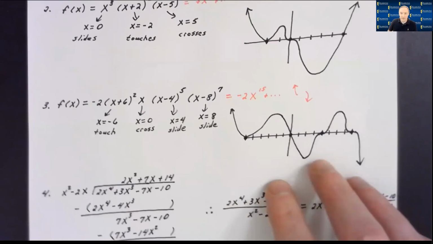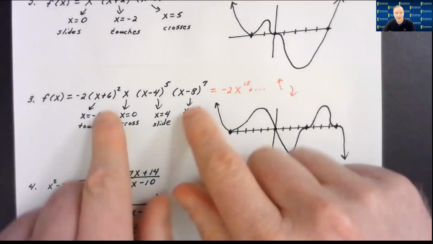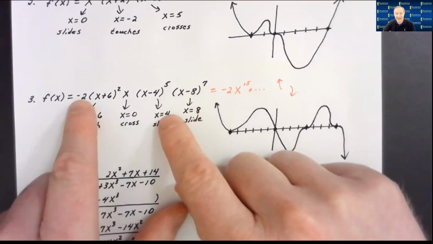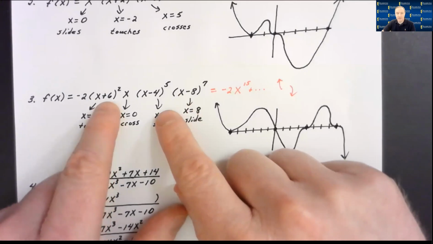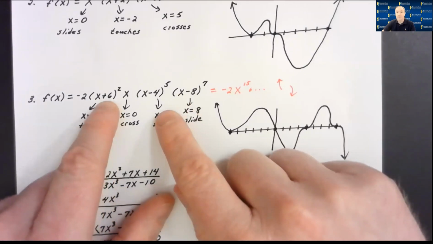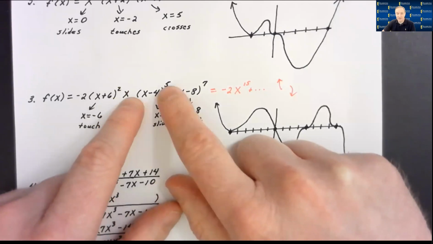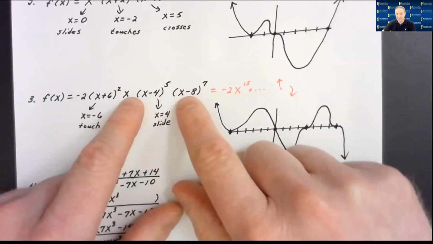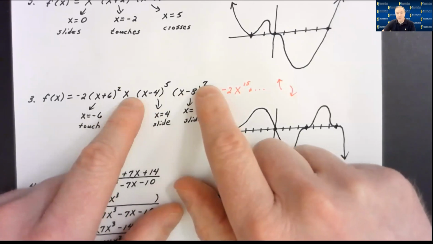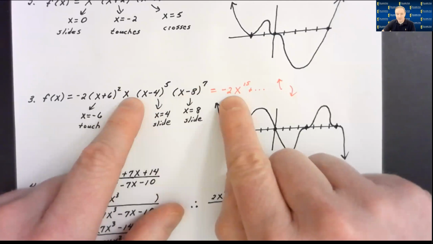The next one here, if we have f of x is equal to negative 2 times the group x plus 6 squared times the factor x minus 4 to the 5th times the factor x minus 8 to the 7th. The first thing you should always do is think about what that leading term is.